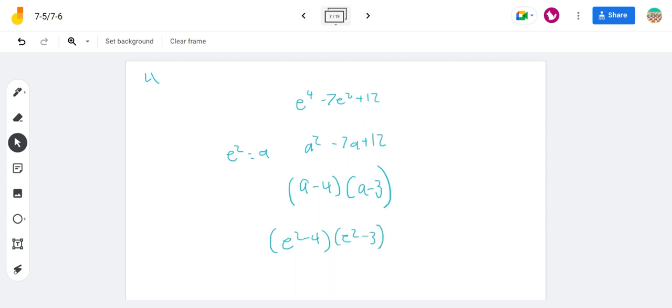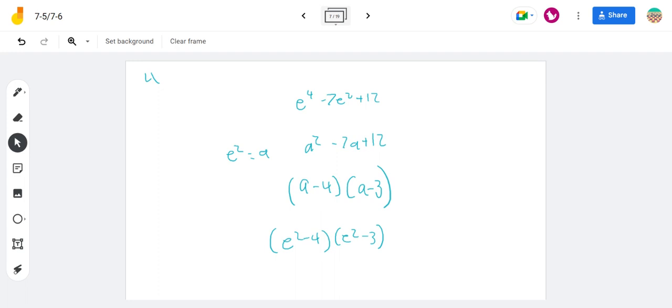Yeah. And is this completely factored? Yeah, it could be factored.